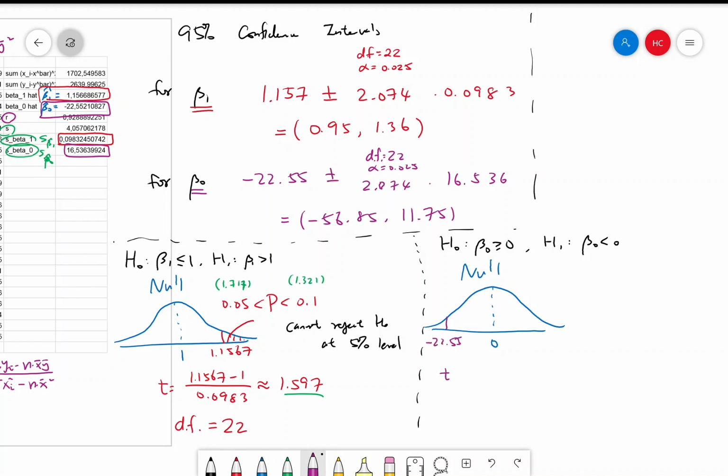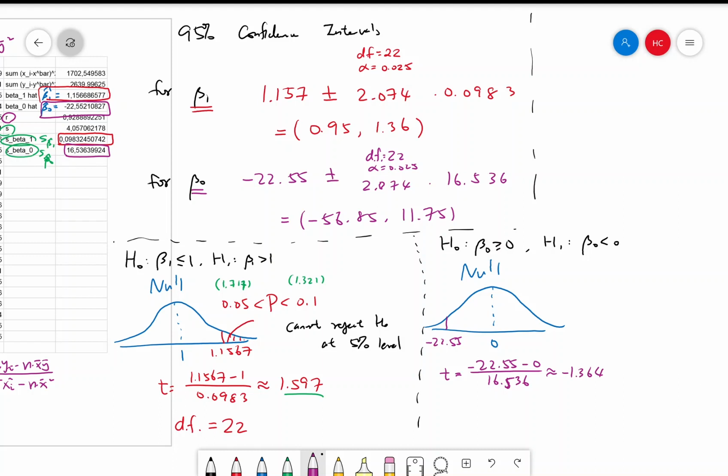So the t-statistic is equal to negative 22.55 minus 0 over 16.536. This is about negative 1.364.